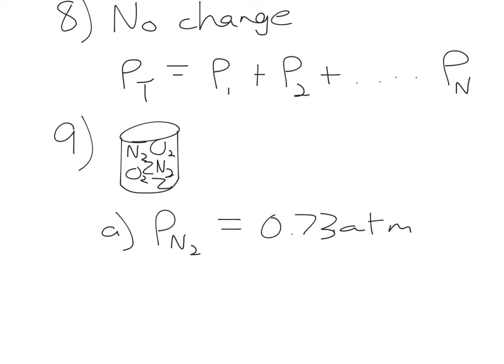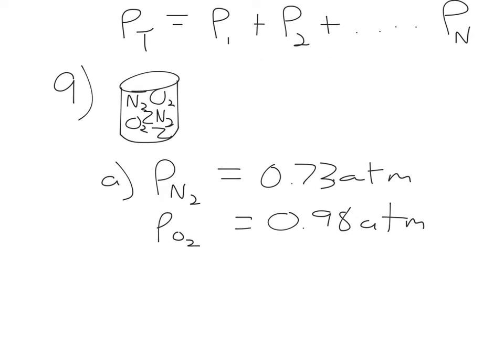The pressure of oxygen was 0.98 atmospheres. And now we're just adding some Z in there. The pressure of Z, they told us, was 0.2 atmospheres. Alright, so those are the components of the mixture.